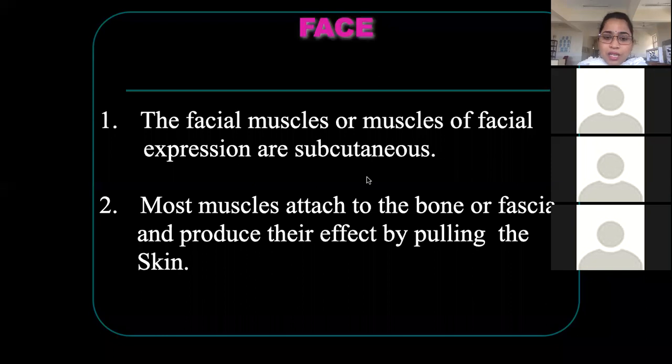What is panniculus carnosus? If you see lower animals like buffaloes, they move their skin, right? You can see flies sitting on them, they move their skin. So that is called panniculus carnosus, meaning the well-developed muscles present beneath the skin.